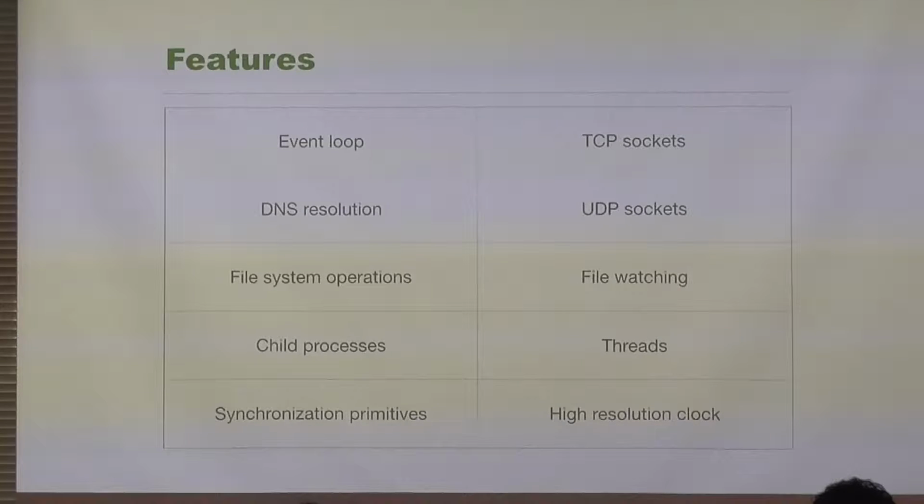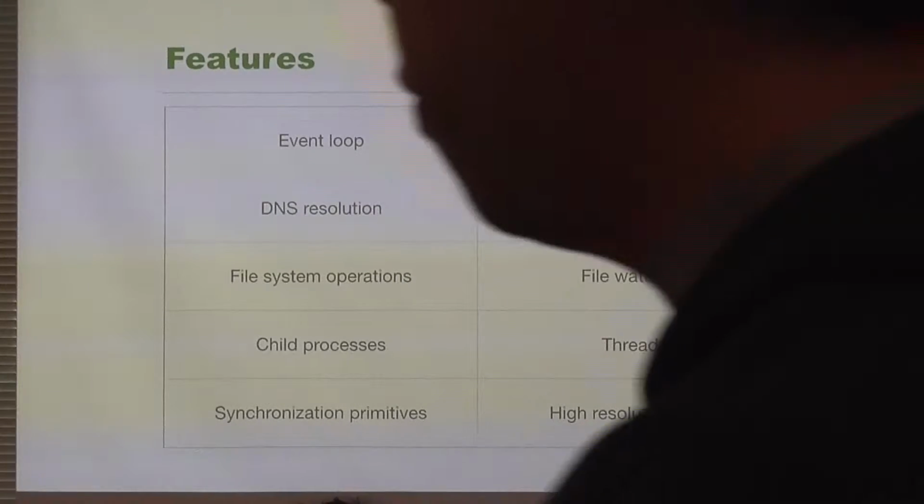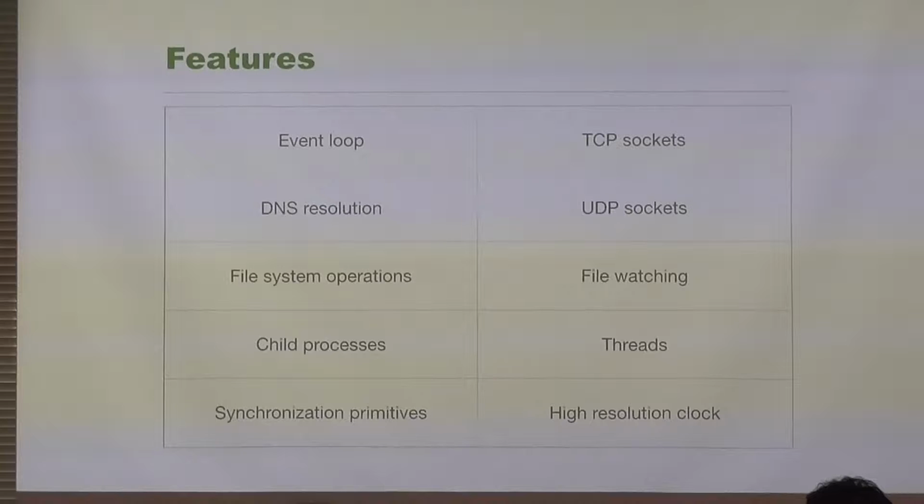I'll come back to that a little bit later. libuv also provides file system operations and file watching. All the things that happen with the FS module go down through libuv into a thread pool. libuv also provides child processes, threads, synchronization primitives, and then we have a high-resolution clock. So Date.now in JavaScript is not known for being super accurate. If you were to use process.hrtime, I think it is, that's going to give you a high-resolution clock that comes from libuv.